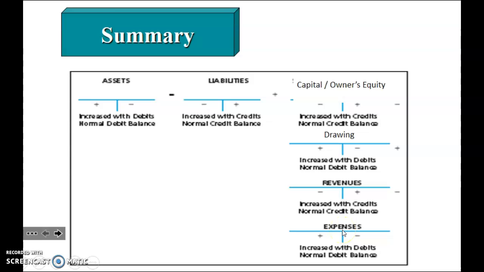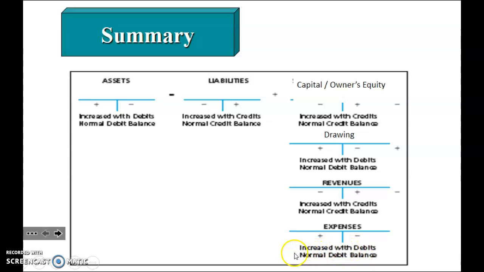You don't just want to call them expense. So you want to have a rent expense or salary expense or a utility expense account so you can track them. So expenses increase on the debit side and they decrease on the credit side. And because they increase with debits, they have a normal debit balance.